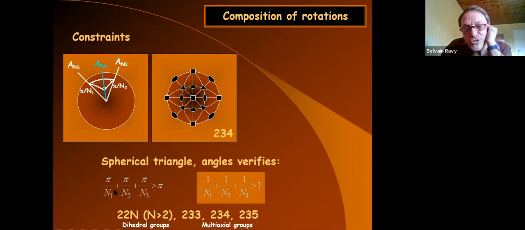And as you know, the sum of the angles of a spherical triangle is larger than pi. We don't need to know exactly how much it is. It's just important to know that it's larger than pi.